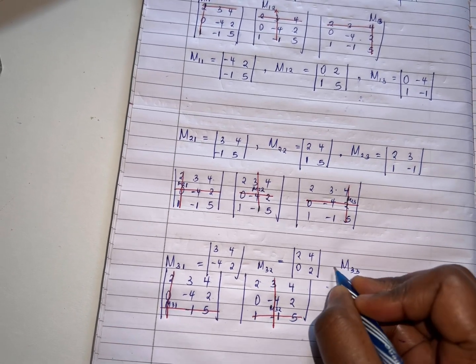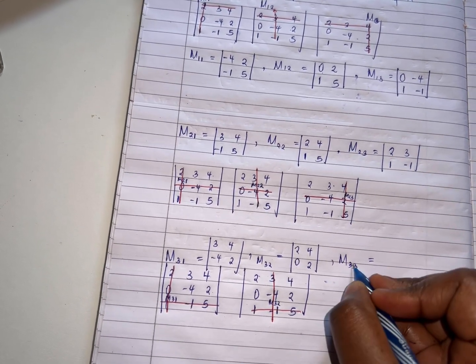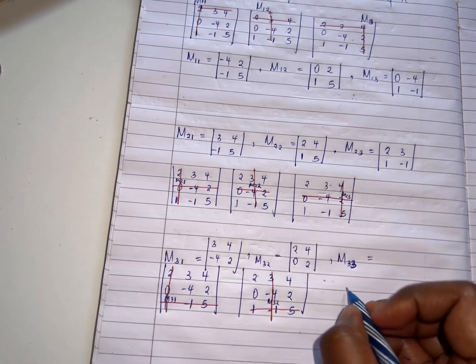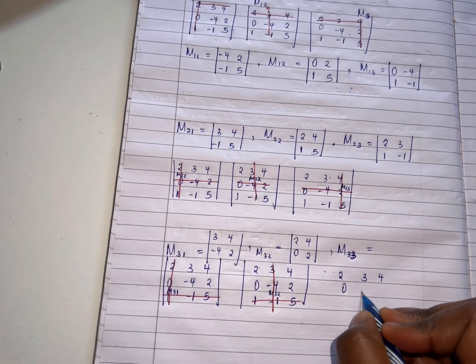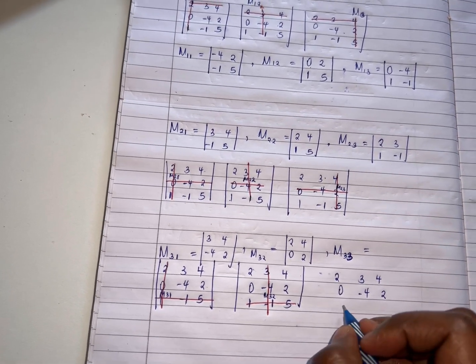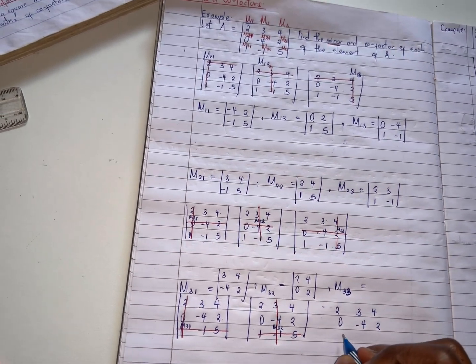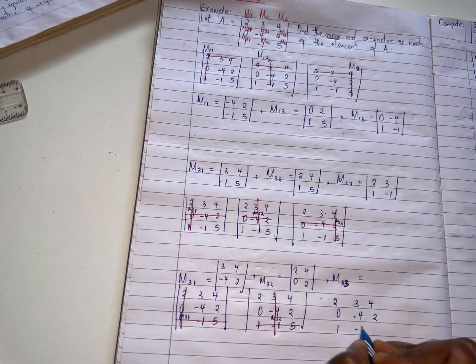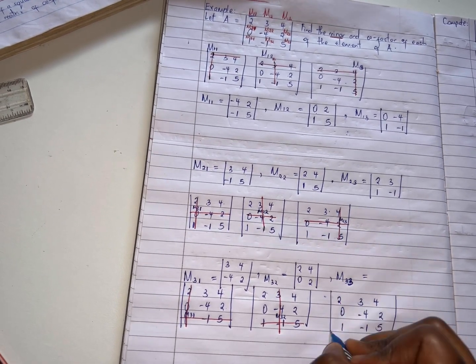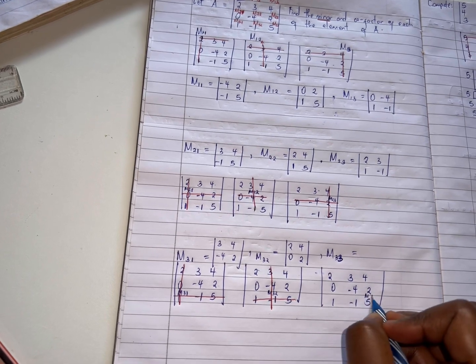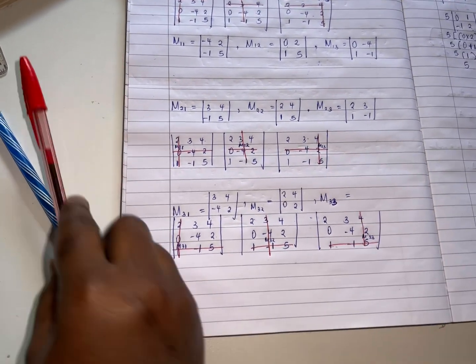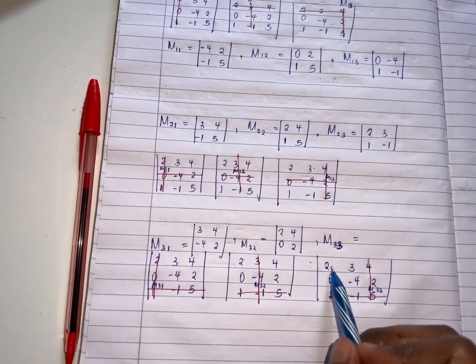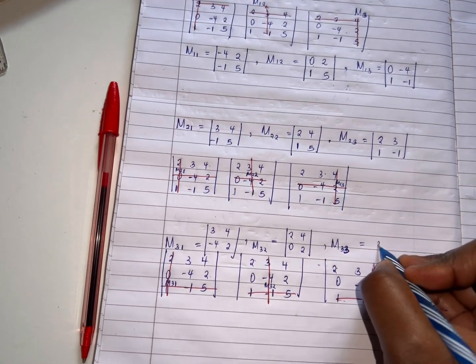Then the last one, M33, we're going to rewrite again as usual: 2, 3, 4, 0, negative 4, 2, 1, negative 1, 5. So we're going to cancel each row and column where 5 is, that is M33. We're going to remain with 2, 3, and 0 and negative 4.